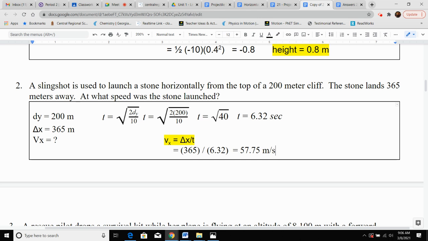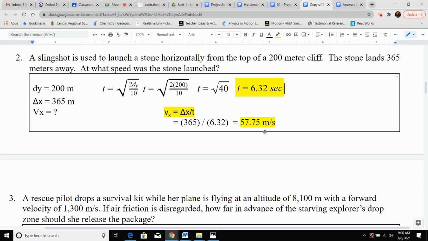Which, if it's a wickedly crazy slingshot, is definitely more plausible than the other number that we had. All right, bam. So we need to solve for time first in order to then answer this question completely.